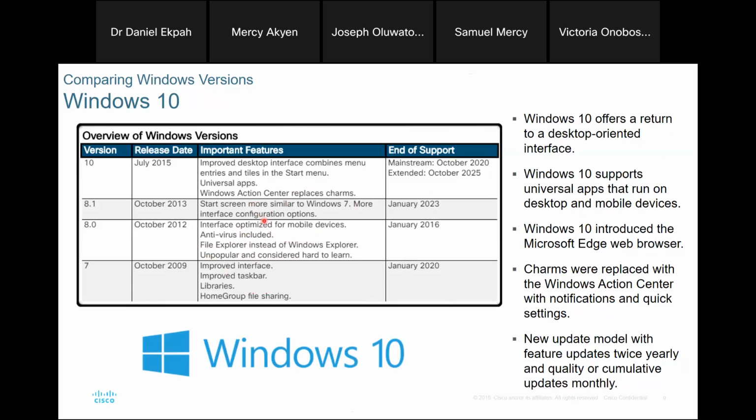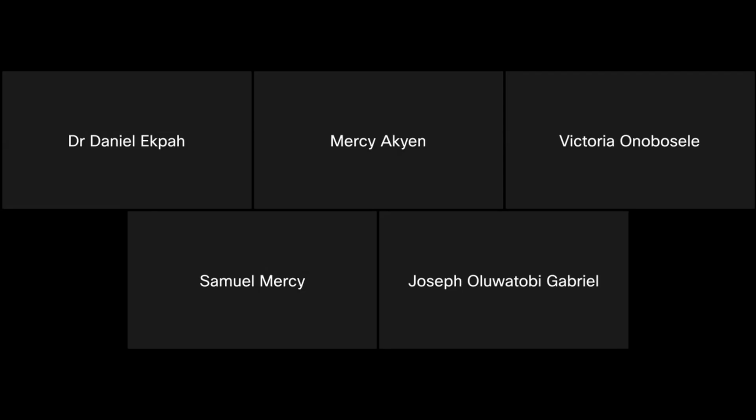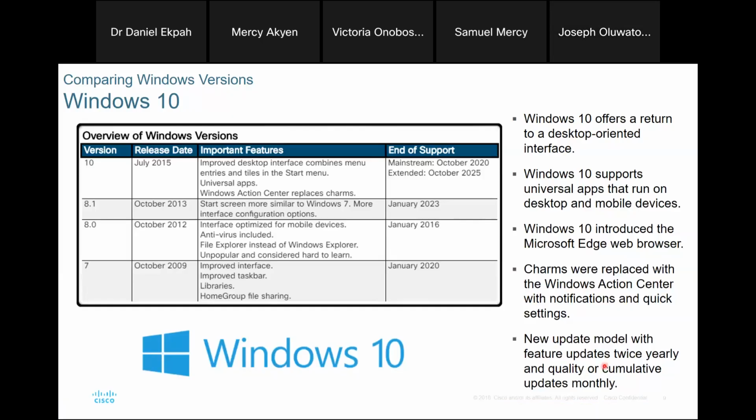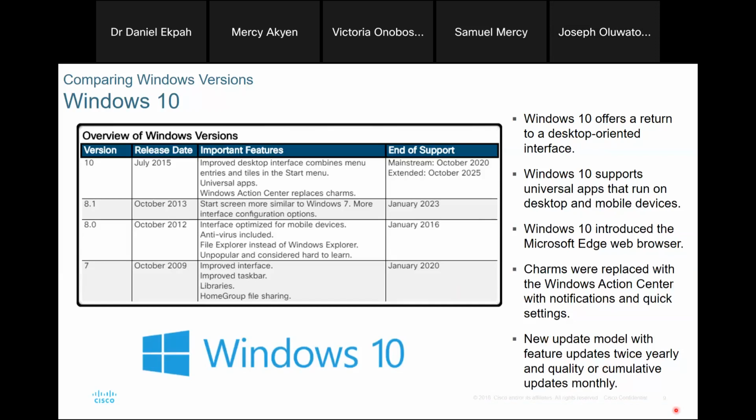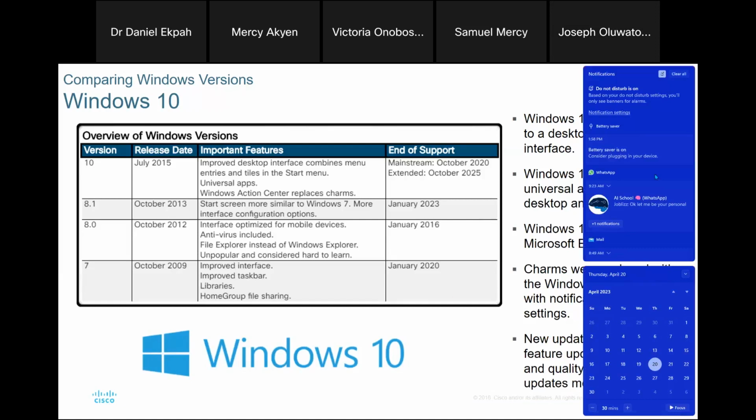I think I'm going to have to share my entire screen so that I can explain all these immediately. All right. So this is what is called the action center. The action center is where you would see your notifications and the rest.